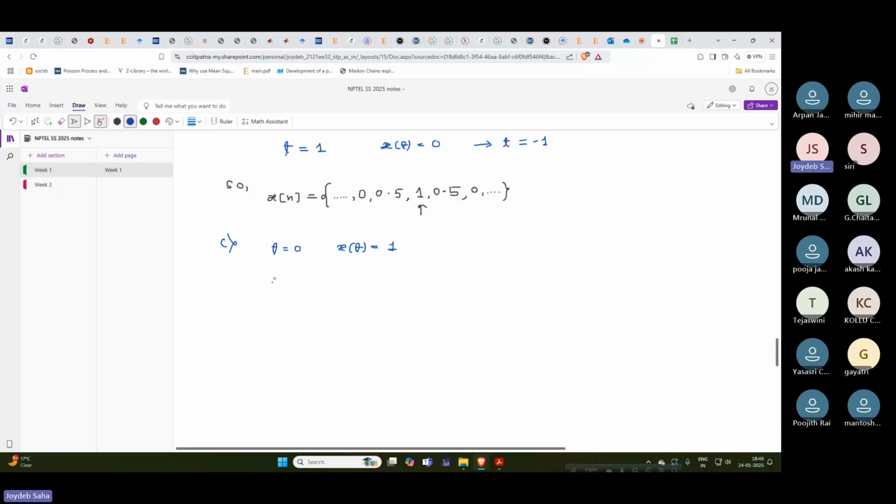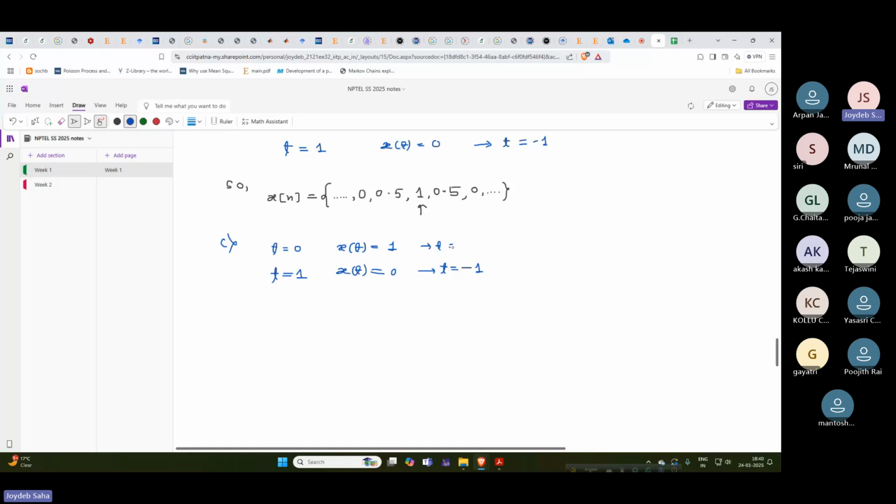For t is equal to 1, x of t will be 0, and this is the same for t is equal to minus 1, and this is for t is equal to 0. Okay.